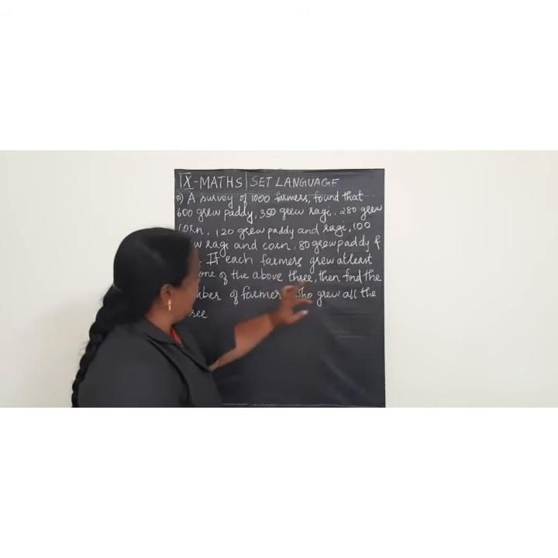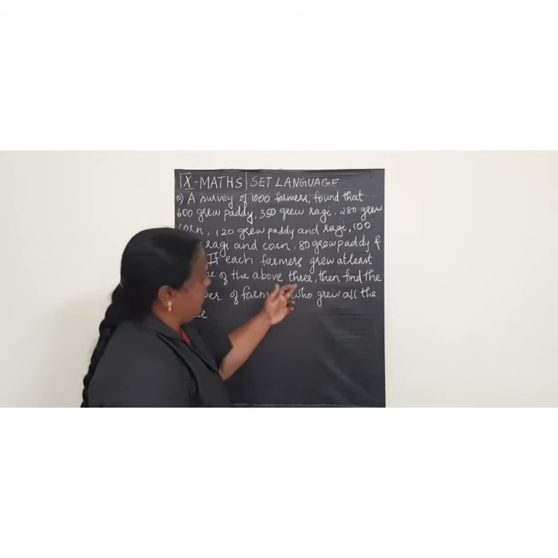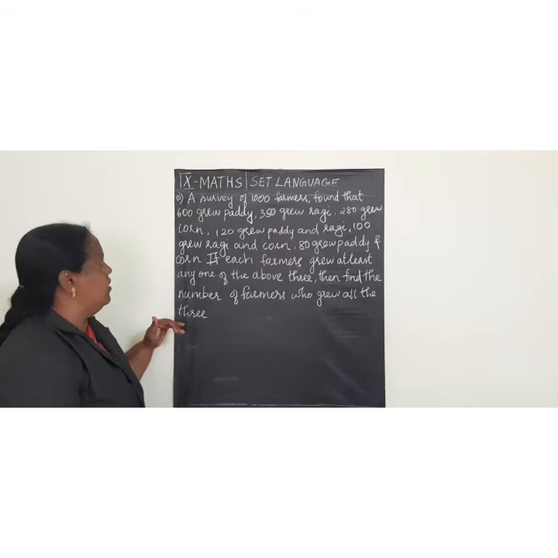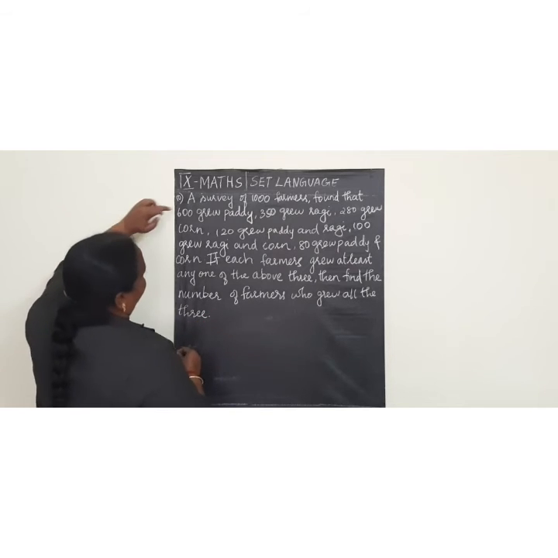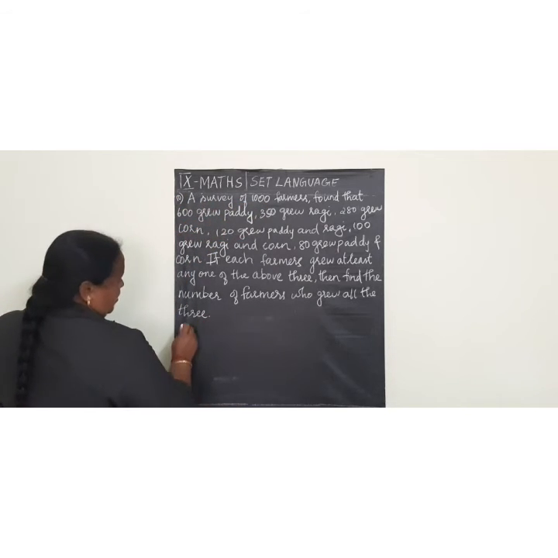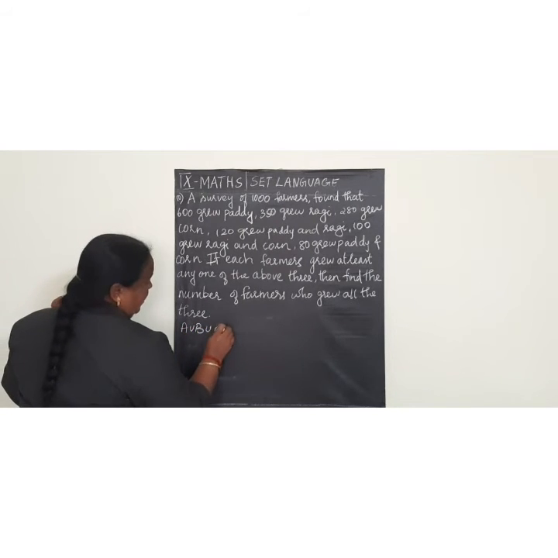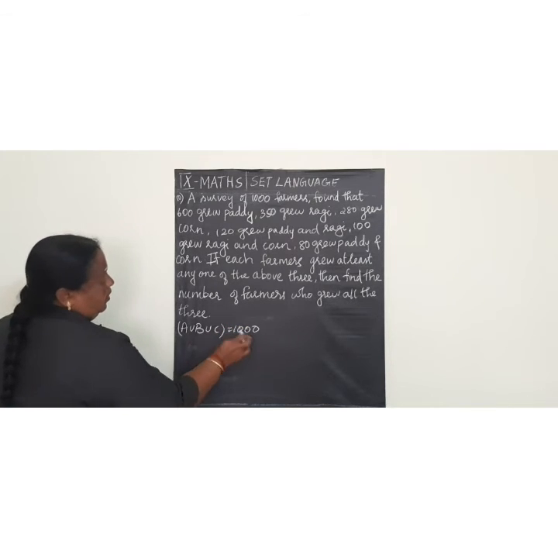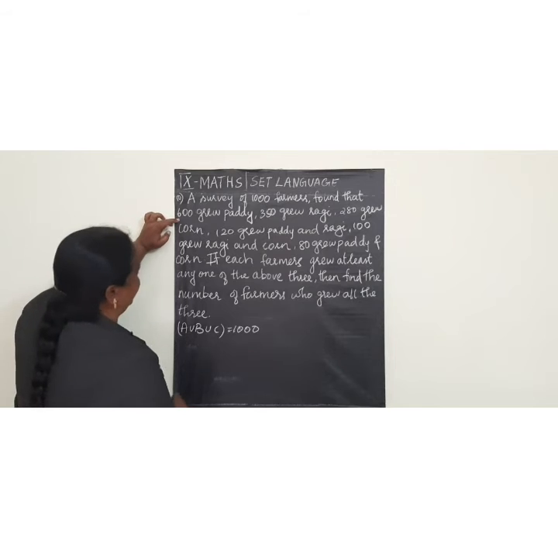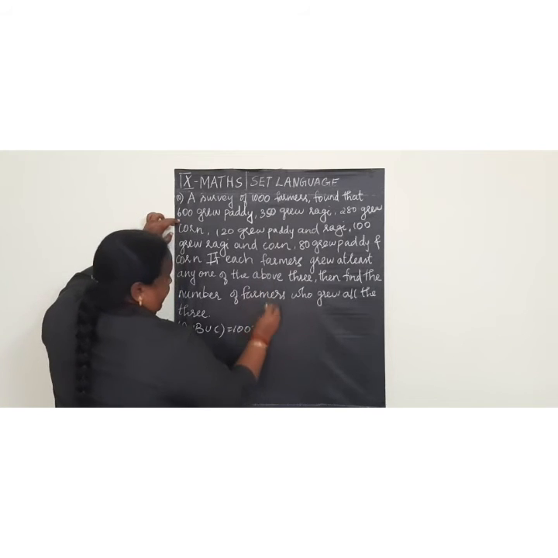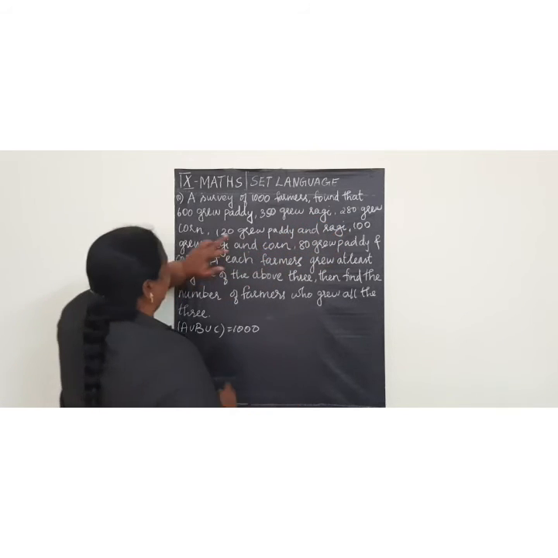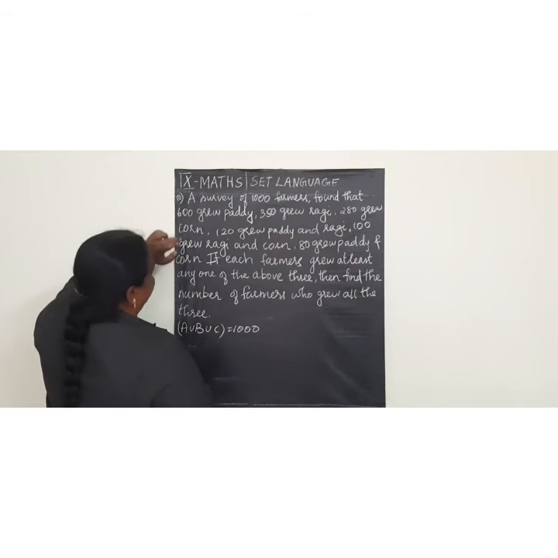If each farmer grows at least one of the above three, find the number of farmers who grow all three. Here the total number of farmers is 1000, that means n(A ∪ B ∪ C) is equal to 1000. Paddy we take as set A, ragi as set B, and corn as set C.